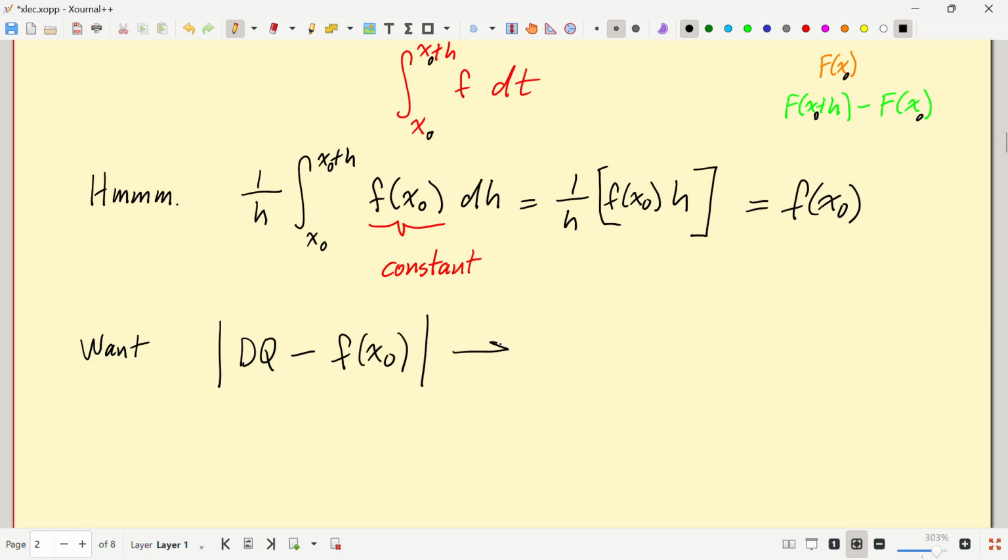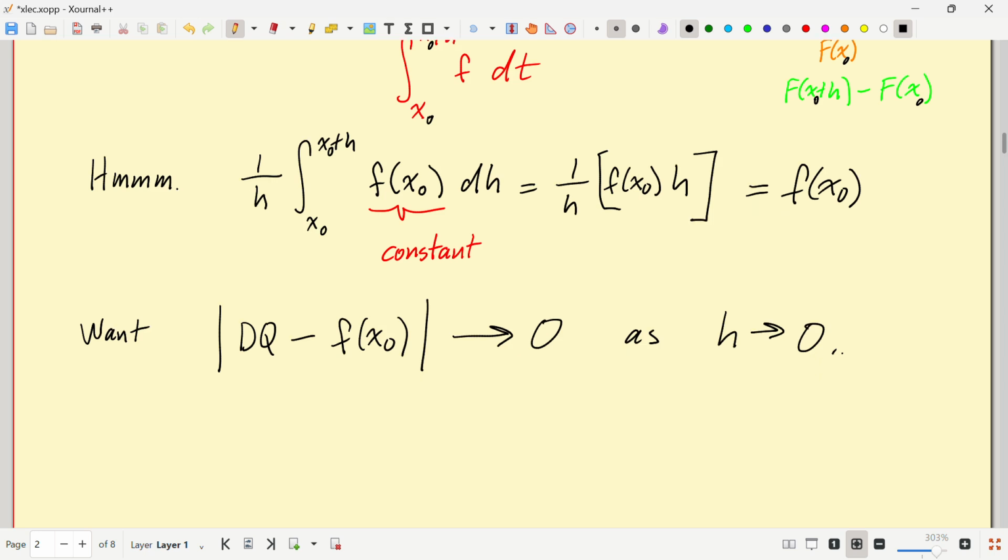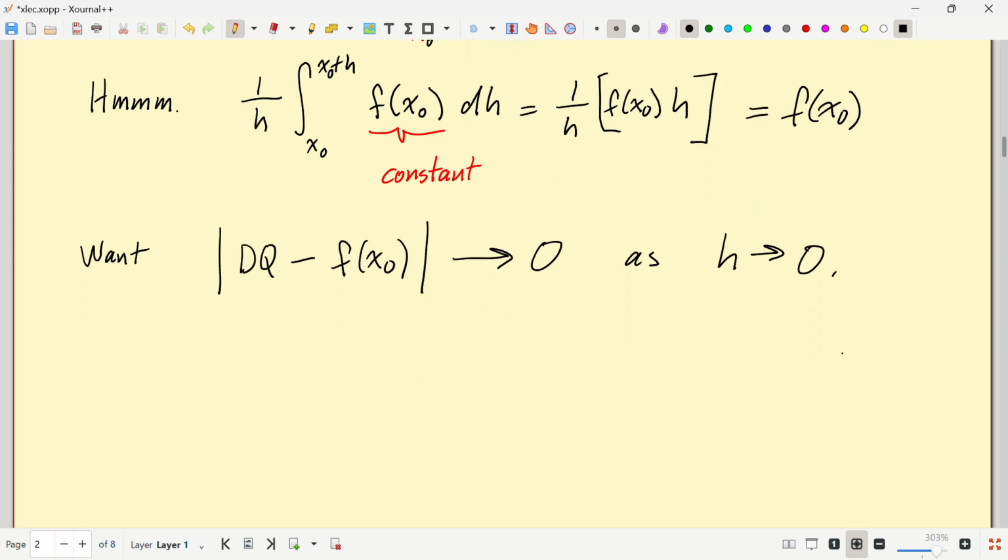I want that to go to 0 as h goes to 0. That would give me the fundamental theorem of calculus. Well, that difference quotient I just showed you is 1 over h times the integral from x naught to x naught plus h of f of t dt.